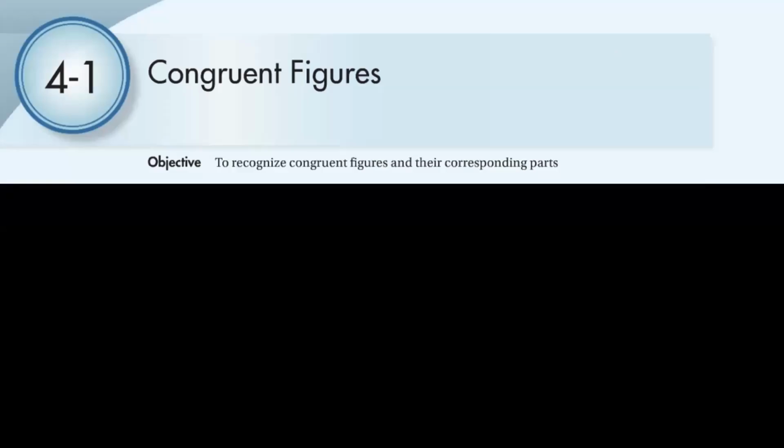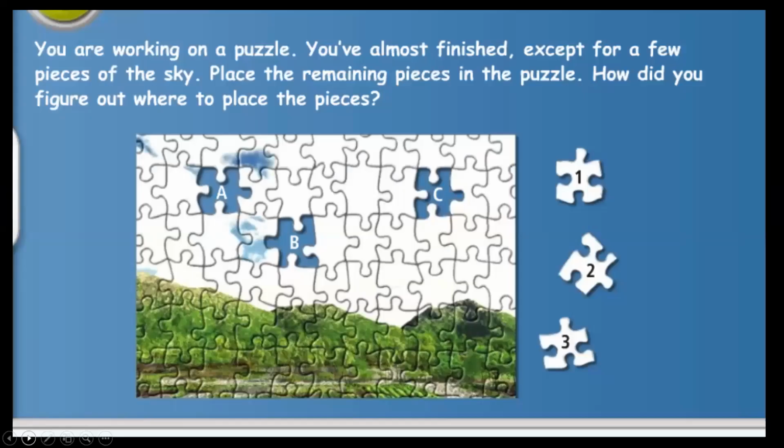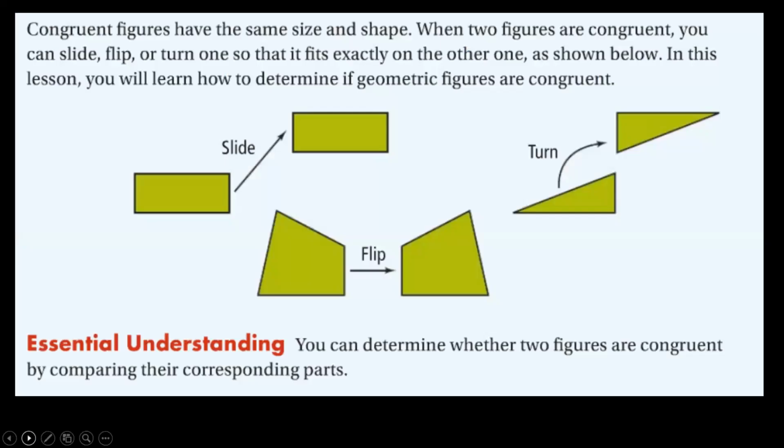Good morning. We will continue our lesson, chapter 4, lesson 1, congruent figures. And we said yesterday, how can we know if this shape is corresponding to the congruent shape?